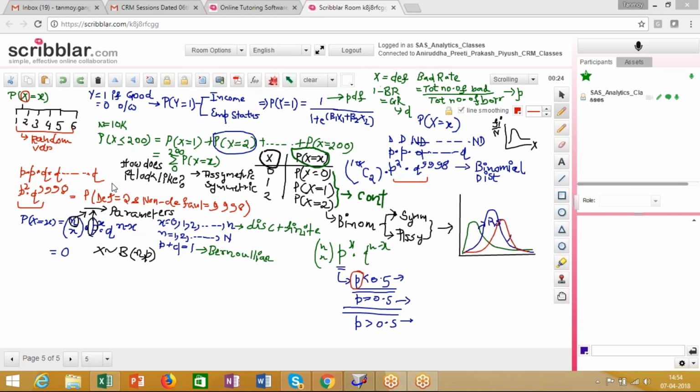By looking into the set theory framework, what we know is the following: the probability of A union B is equal to the probability of A plus the probability of B minus the probability of A intersection B.